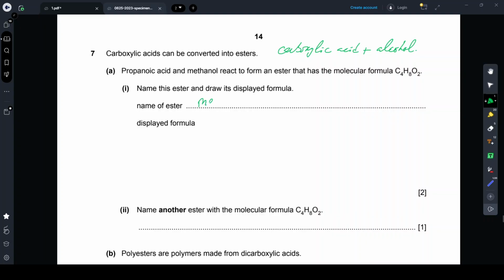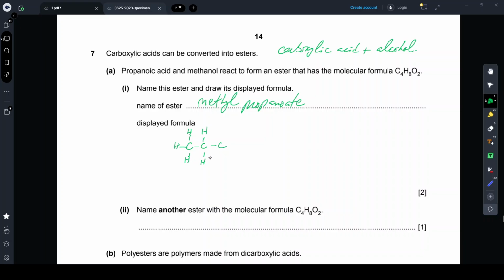Propanoate. Displayed formula. Right, so the propanoate is going to come in first. You got three hydrogens, and because it's the exam, you draw the whole thing out in detail. And there will be a double bond.